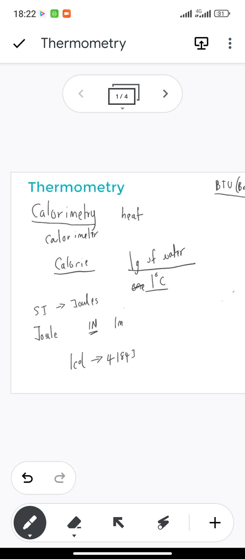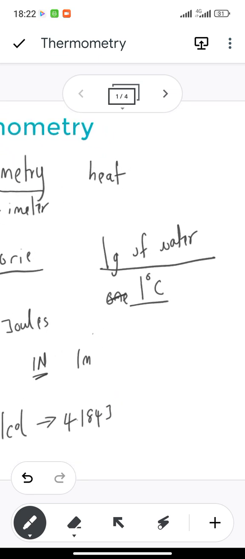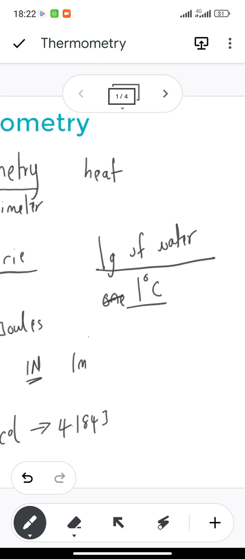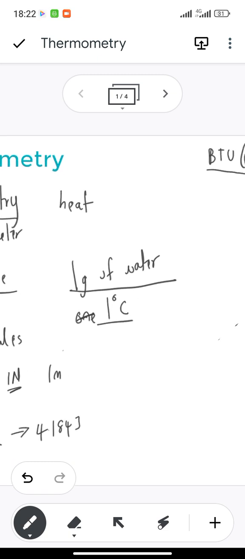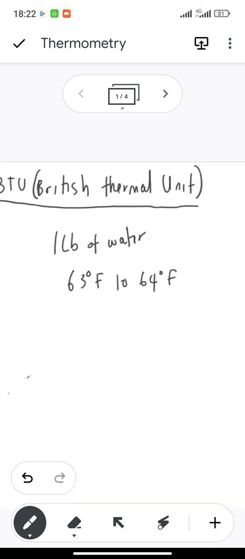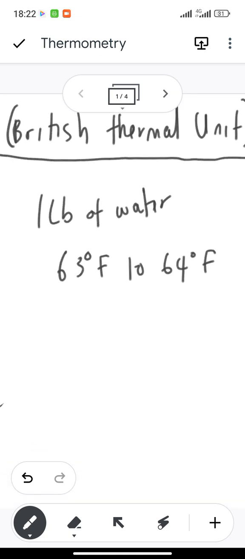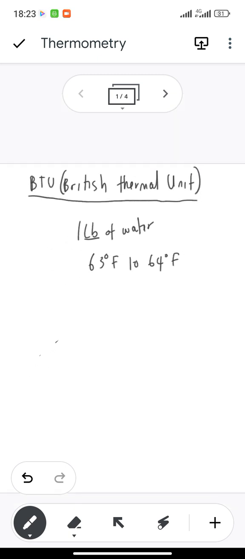It is related to calorie in some kind of way, because calorie is defined as the heat required to raise the temperature of 1 gram of water by 1 degree centigrade. But when we talk about British thermal unit, it is the heat required to raise the temperature of 1 pound of water from 63 degree Fahrenheit to 64 degree Fahrenheit.